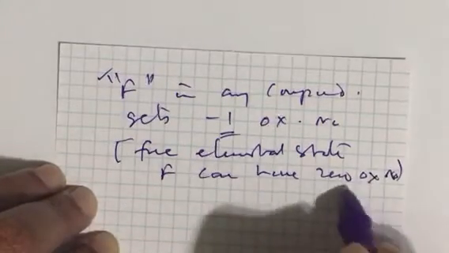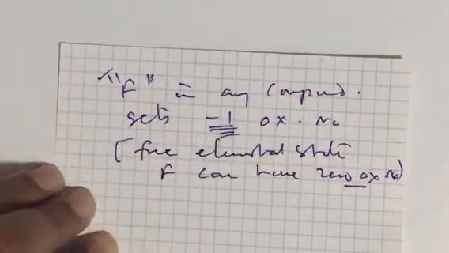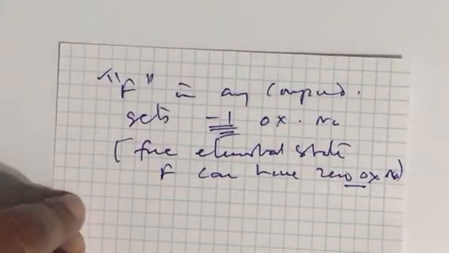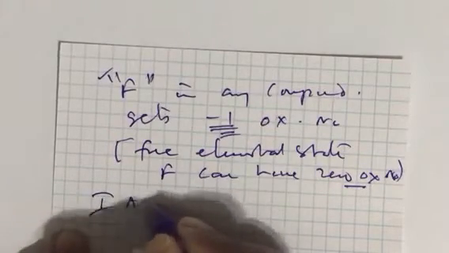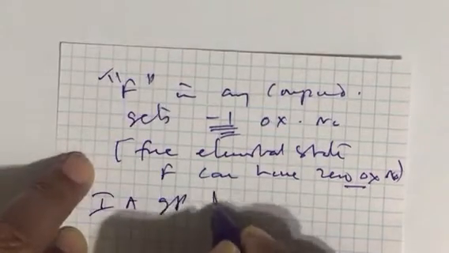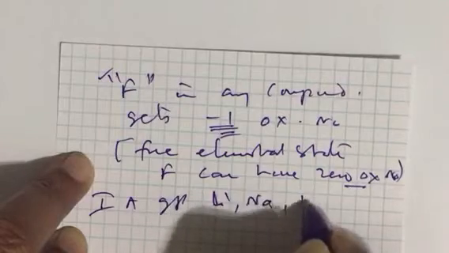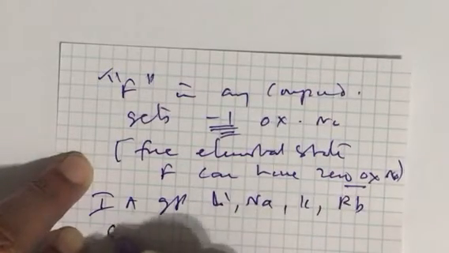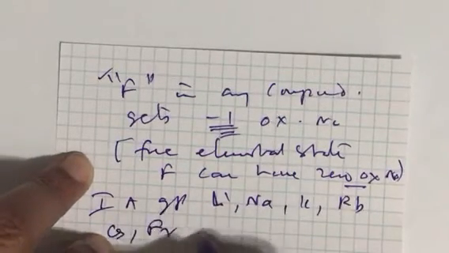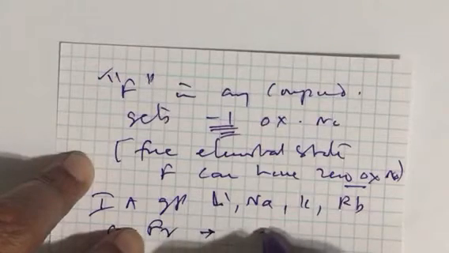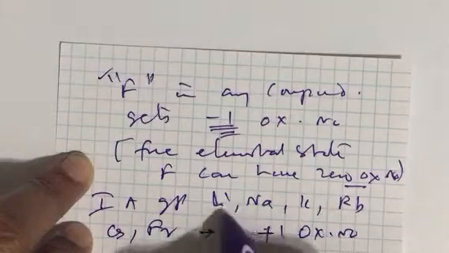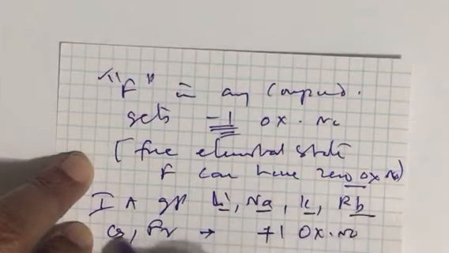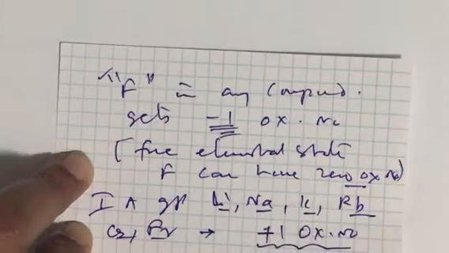But other than this 0 and -1, fluorine never shows any other oxidation state. Similarly, the 1A group metals like lithium, sodium, potassium, rubidium, cesium, francium, in any of their compounds can take +1 oxidation number. Of course, in free elemental state they are also 0, but in any compound they are always +1.